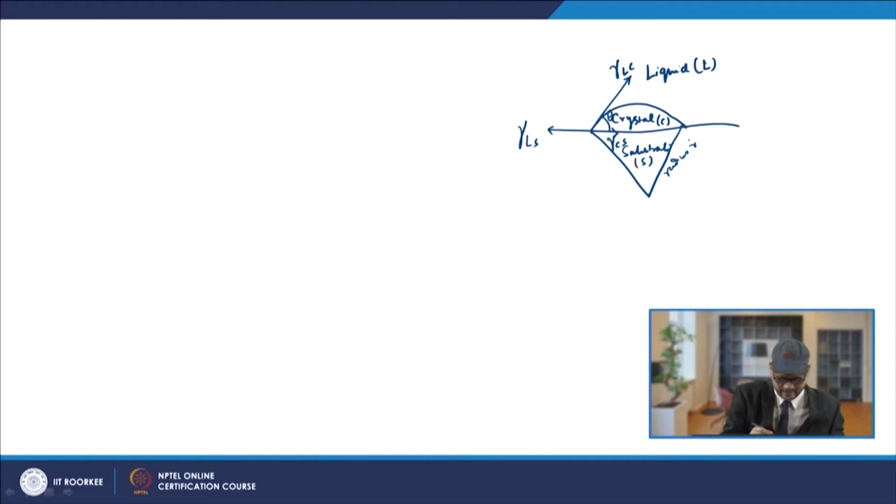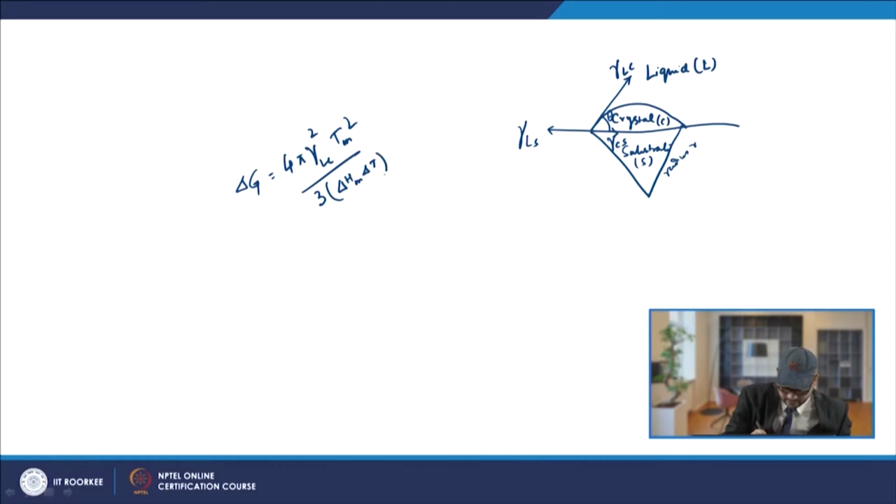Now, if you talk about the energy barrier which is to be computed for the crystal to nucleate, that is actually 4 pi gamma LC cube and Tm square divided by 3 into delta HM delta T as whole square, and in bracket we had 2 minus 3 cos theta plus cos square theta.